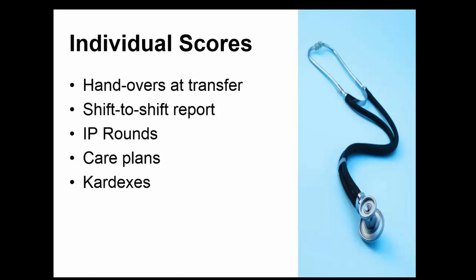Right. So when you have the individual scores for the patients, you can use it as a handover for transfer, as a shift-to-shift report. You can use it for interprofessional rounding, and as I mentioned, you can use it on the Cardex for each patient and also to plan their care.